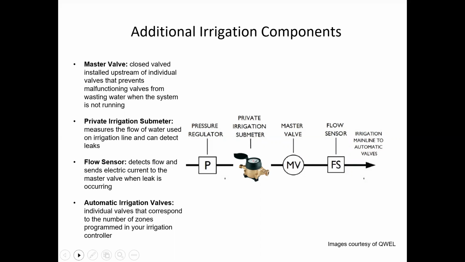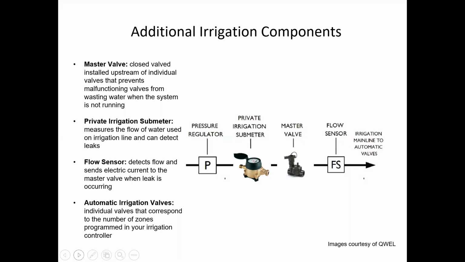After your private irrigation submeter, if you have a large landscape on automatic irrigation, you'll have a master valve, which is a closed valve that's installed upstream of your individual valves. The purpose of the master valve is that it prevents malfunctioning valves from wasting water when the system is not running.